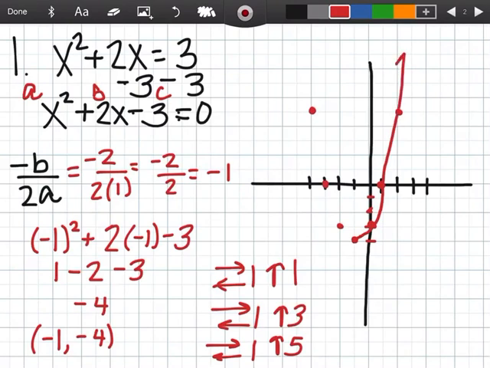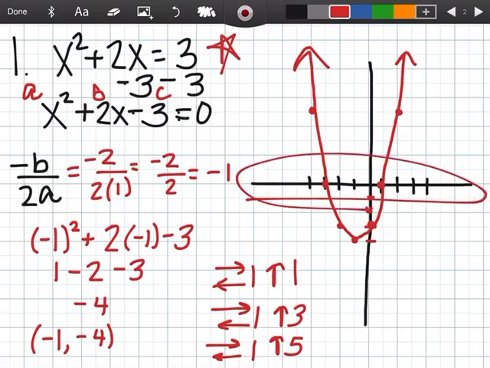Because the answer is not this picture. The answer or answers are whatever x values make this equation true. So what numbers could you plug into that equation and get the correct answer? And so what I'm looking for is on the x-axis.